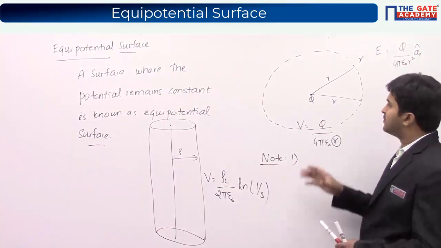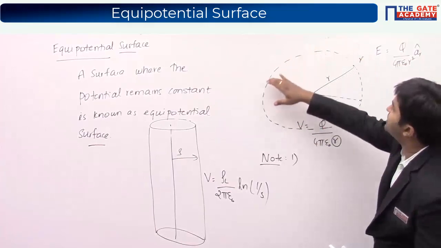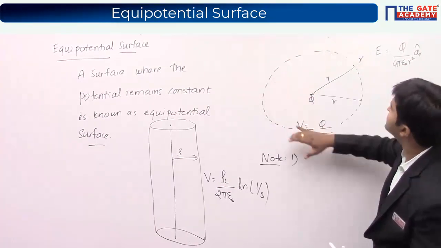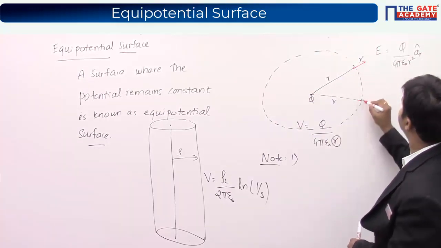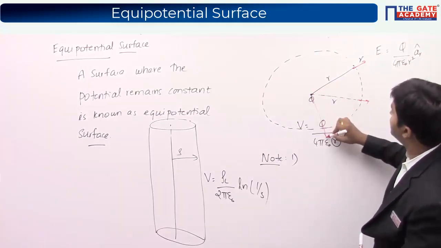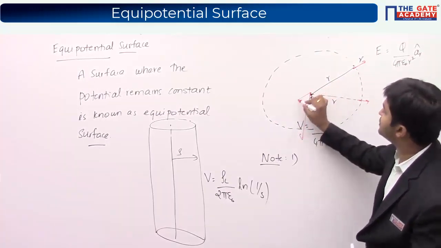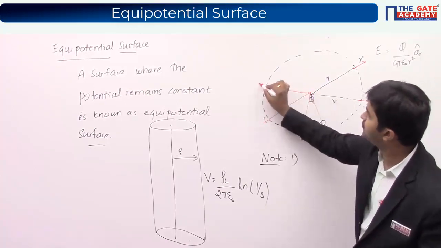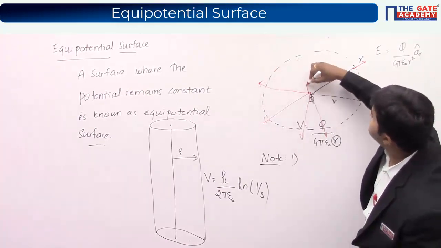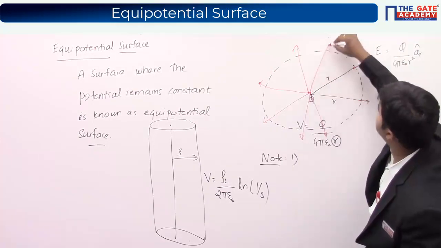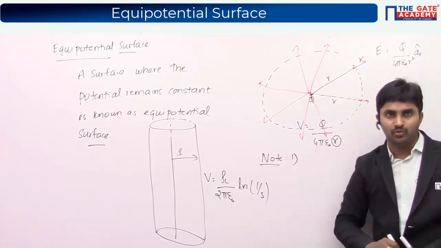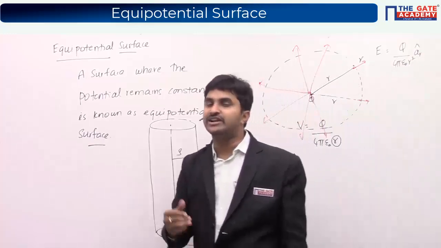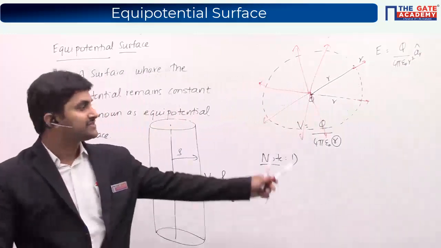It means I am having a sphere here, which is an equipotential surface, and the direction of the electric field is nothing but the radial direction. Don't you think so?